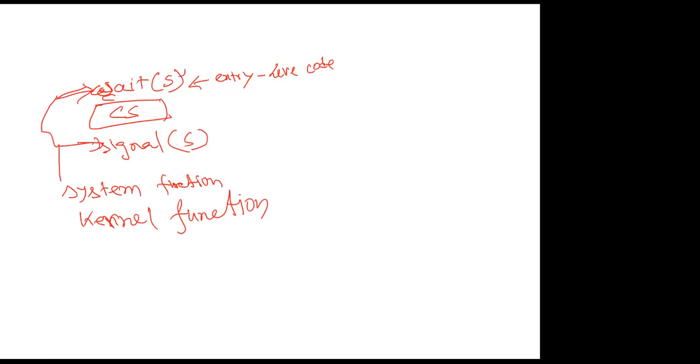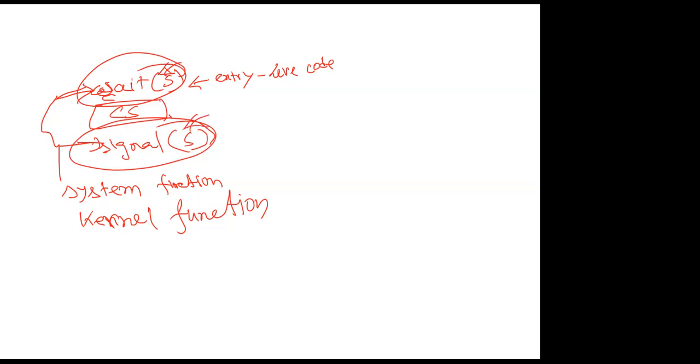By using wait and signal, you can maintain the synchronization mechanism. Here, S is nothing but the semaphore value, the semaphore parameter.